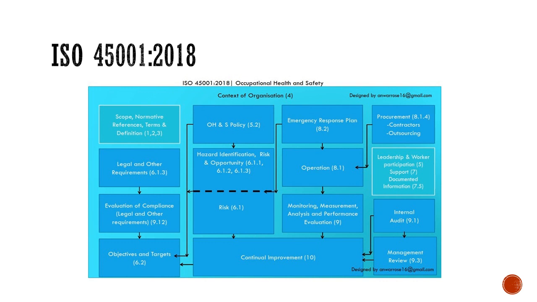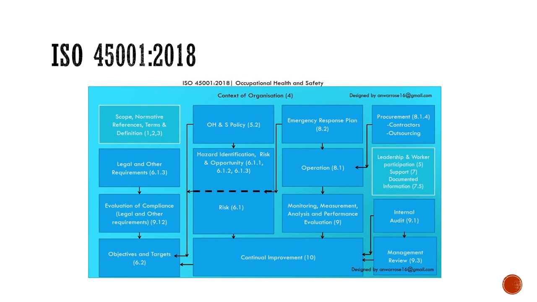Apart from this, legal and other requirements as per clause 6.1.3 and evaluation of compliance, that's legal and other requirements where a legal department audit is done as per clause 9.1.2. All these two inputs also add to formulation of objectives and targets.